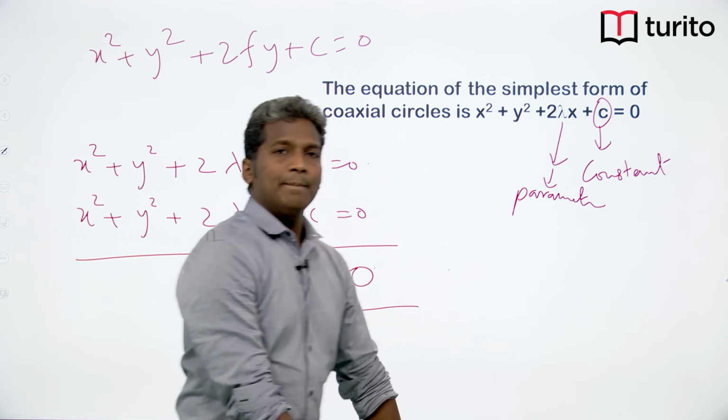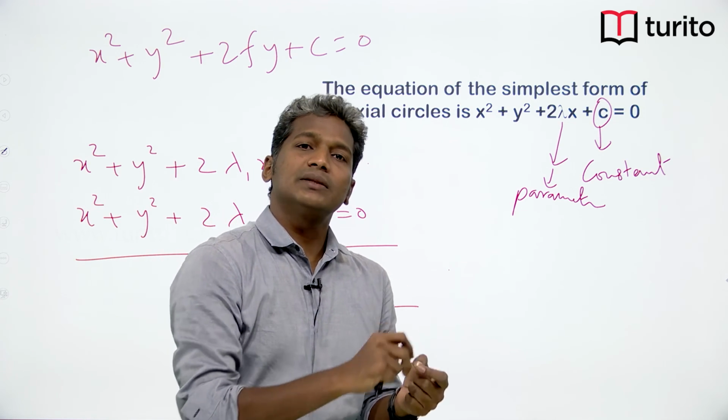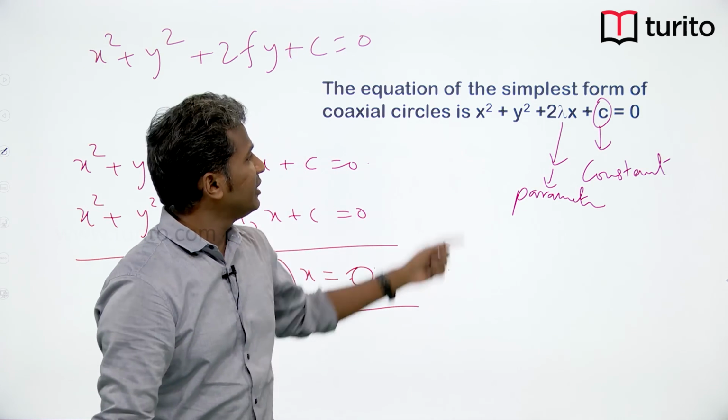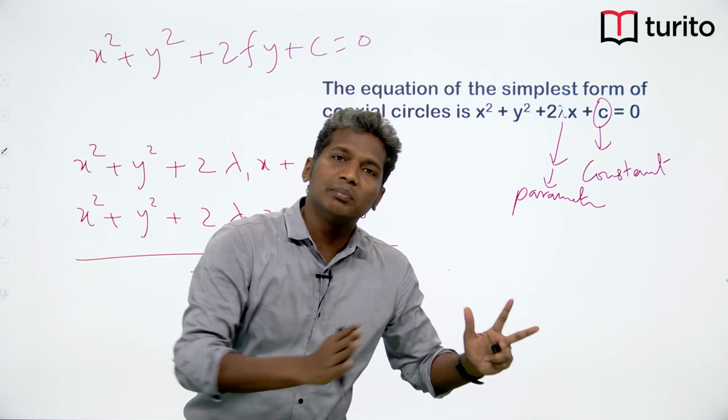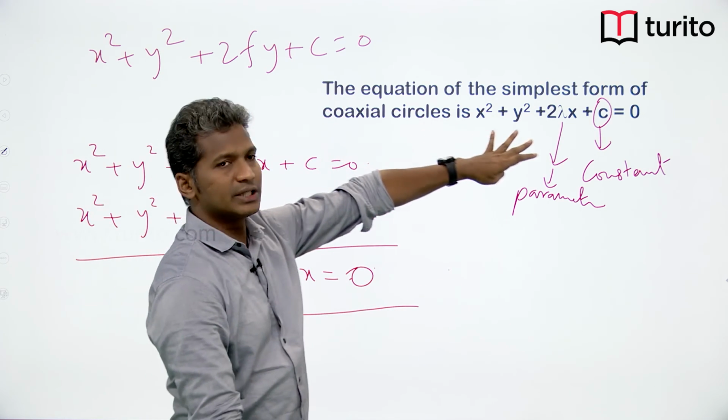Parameter means it is supposed to be a constant for that particular situation, but it can vary. Now, when we vary the parameter, we will get all members of the family. So, here we have understood the equation first.